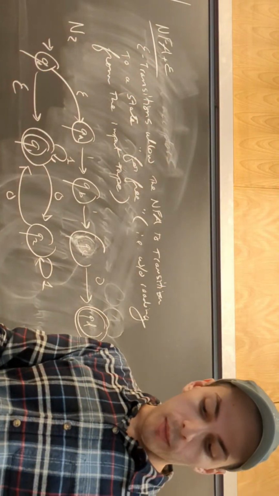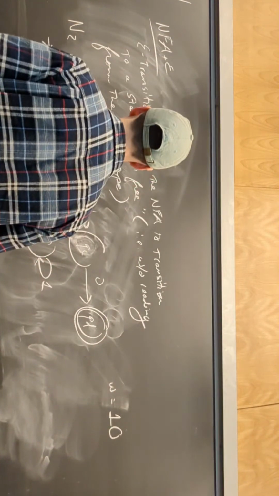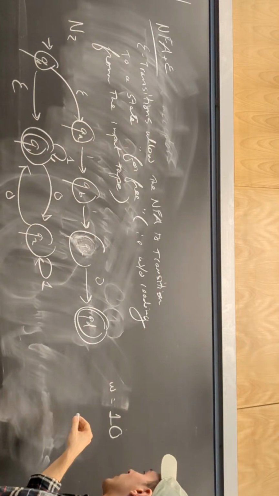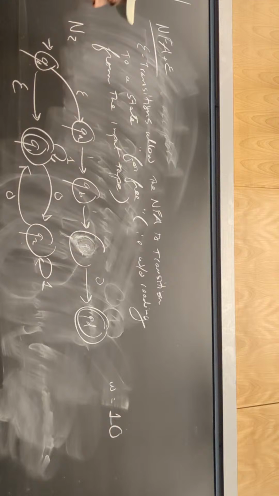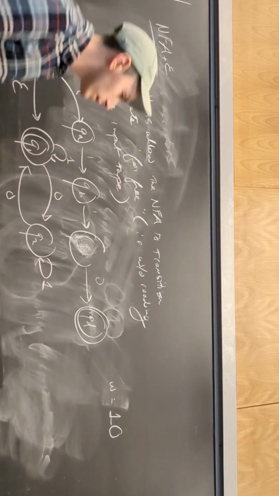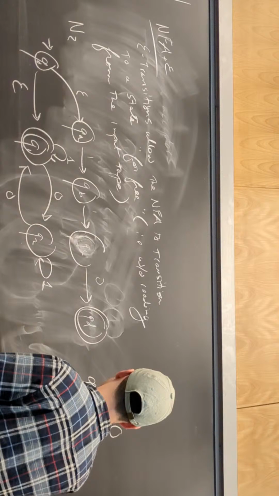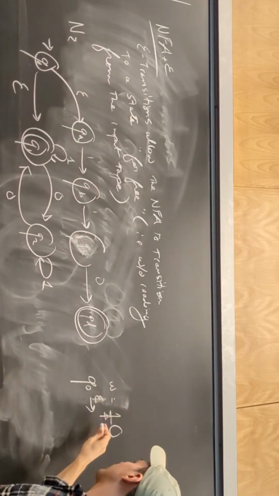So why would that be useful? Well, let's see. So I have W is 1, 0. From Q0, my NFA can again guess and say, okay, I'm going to guess to go to QA. So it guesses without reading a string, so the pointer still stays at 1.